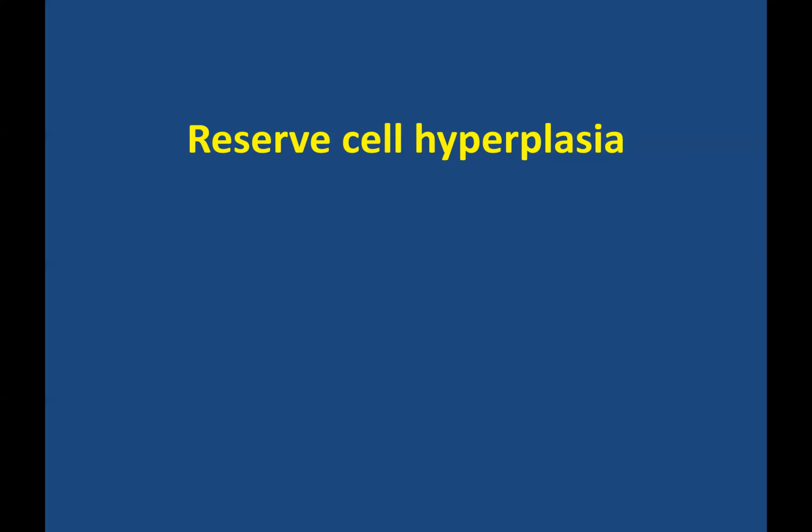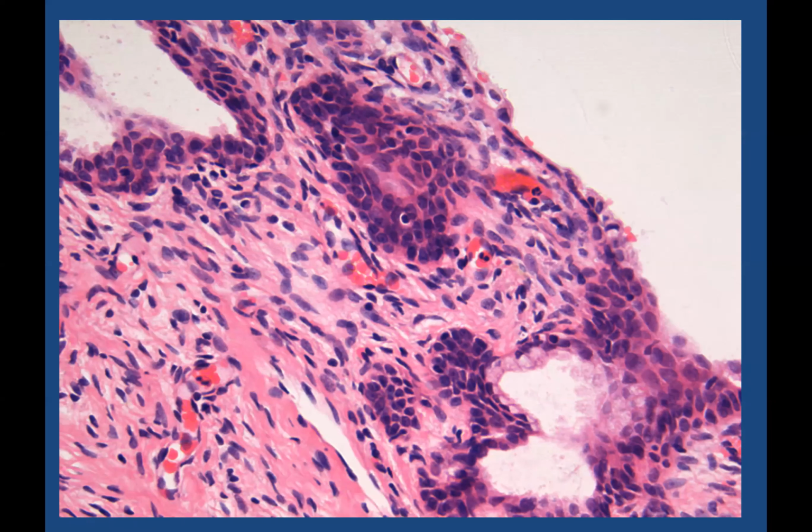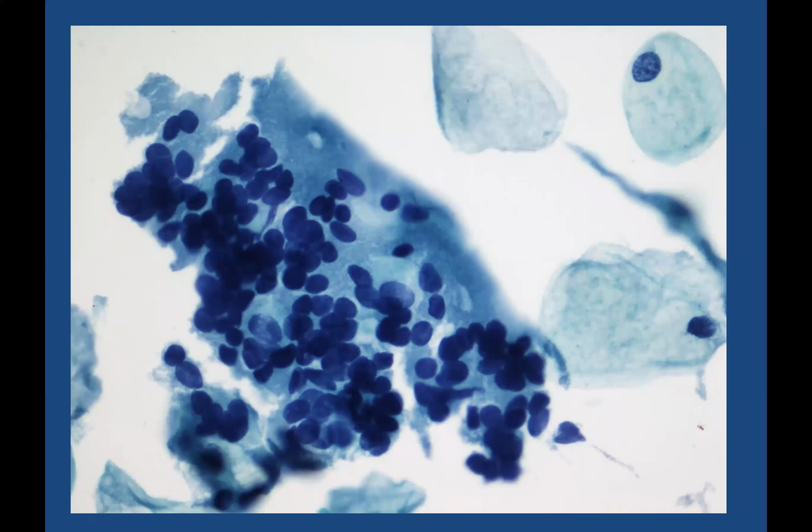Now, reserve cell hyperplasia. This is an H&E, and we've got the earliest reserve cell hyperplasia here with a multinucleate endocervical cell. And again, this is more extensive going on here in the transformation zone. And this is the sort of thing you can see, multinucleate endocervical cells. But unlike CGIN, we don't see feathering.